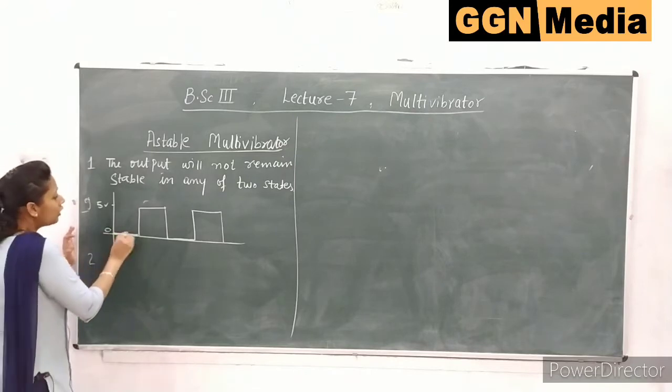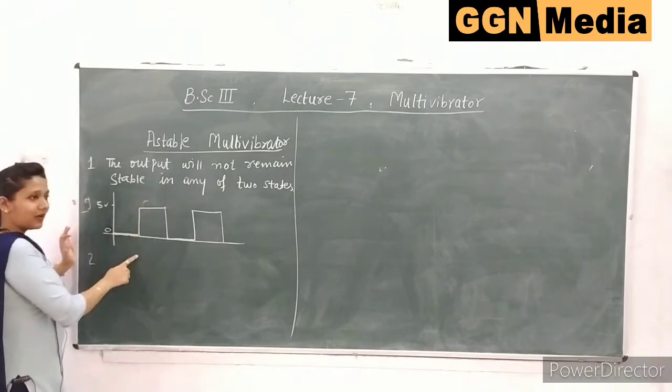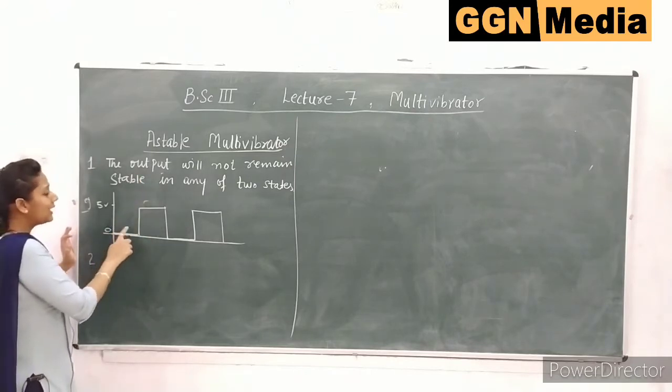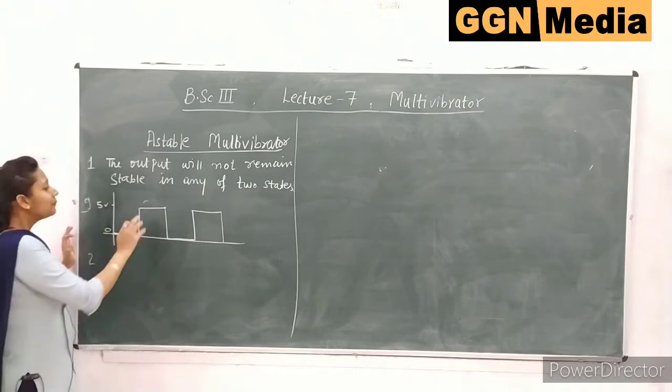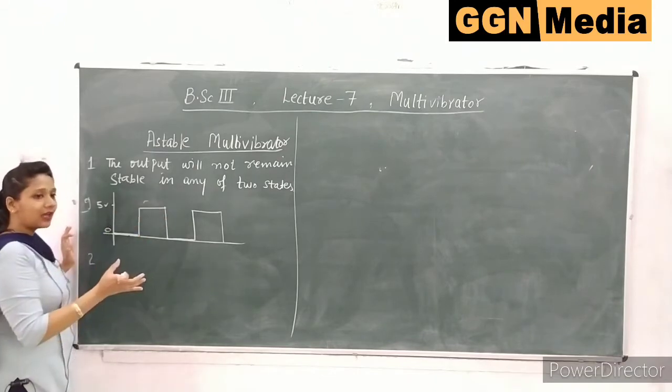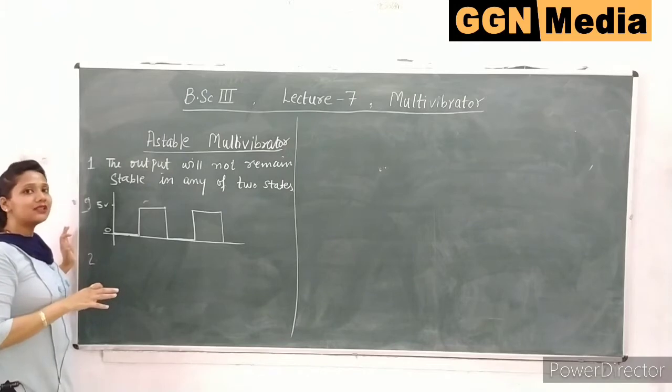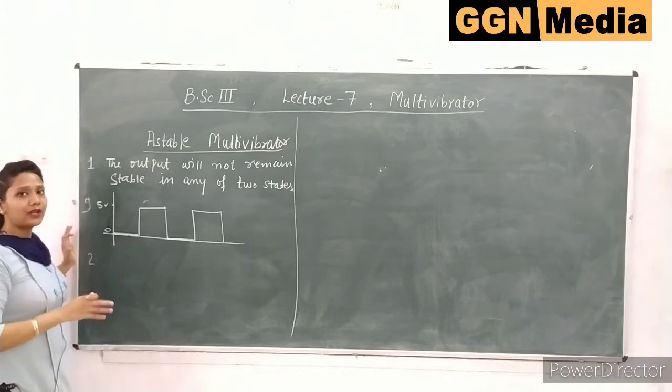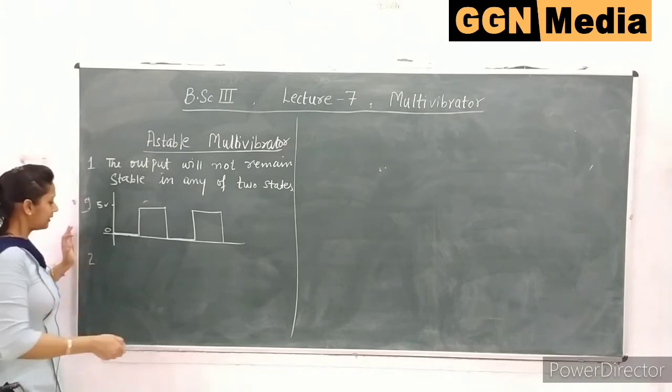So the time for which the output of the astable multivibrator remains in any state will be decided by your passive components, resistors or capacitors.